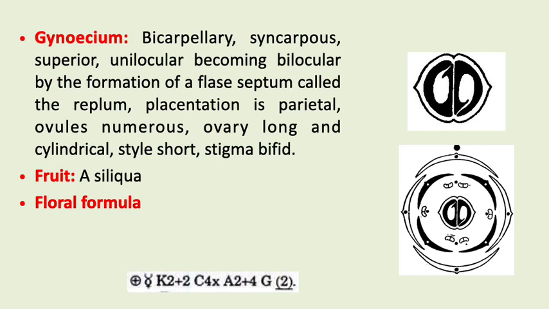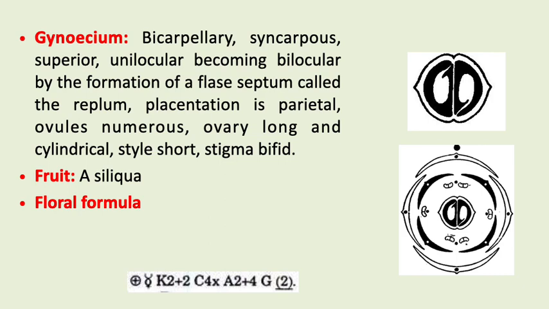C4 cross means there are four petals with cross-like arrangement. A2+4 shows that they are tetradynamous. G bicarpellary, gynoecium is bicarpellary, syncarpous, that is within the brackets, and a line below shows that it is superior.